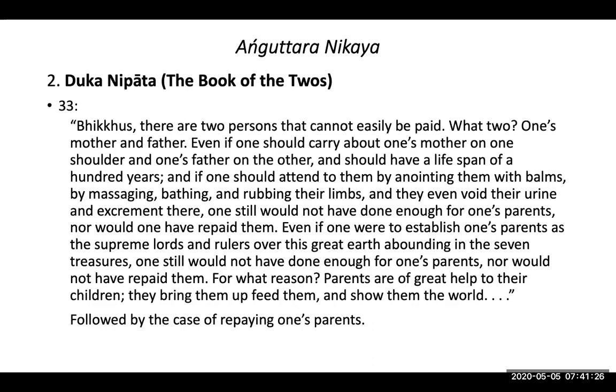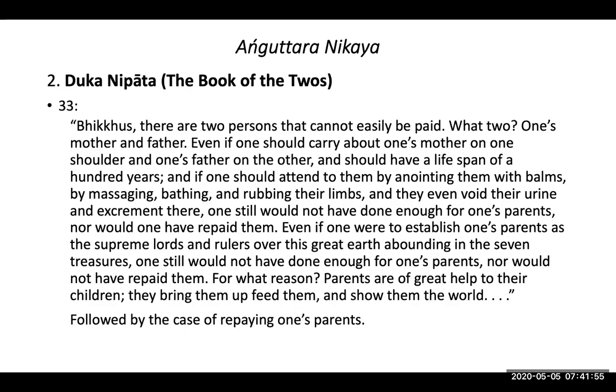Even if one were to establish one's parents as the supreme lords and rulers over this great earth abounding in the seven treasures, one still would not have done enough for one's parents, nor repaid them. For what reason? Parents are of great help to their children. They bring them up, feed them, and show them the world.